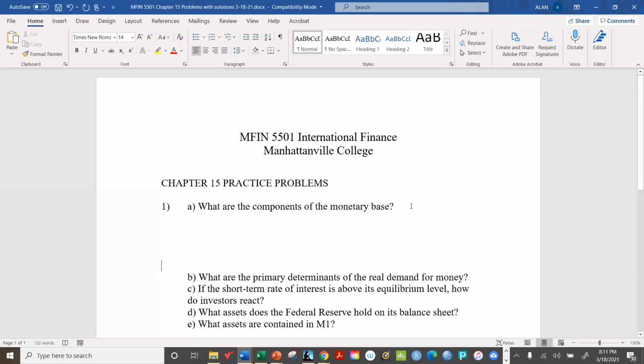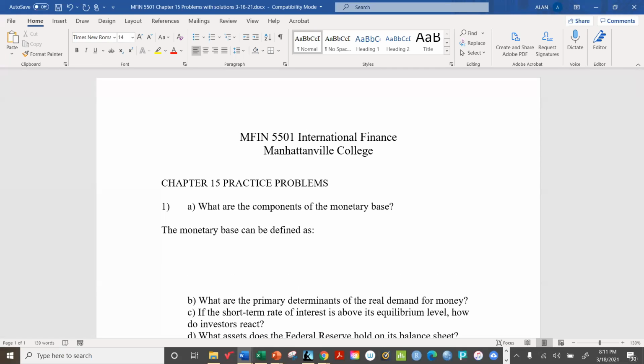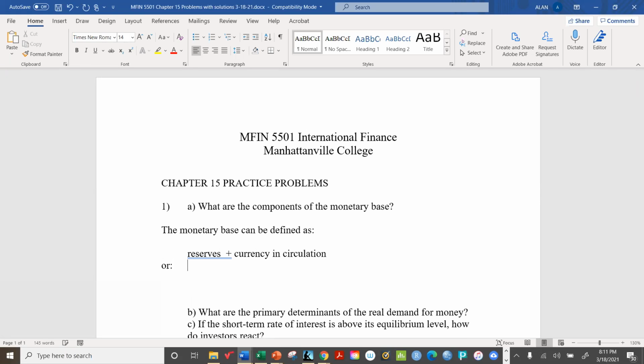All right, for example, what are the components of the monetary base? So we can define it in two different ways. We can either define it as the reserves plus currency in circulation, or domestic assets plus foreign assets.